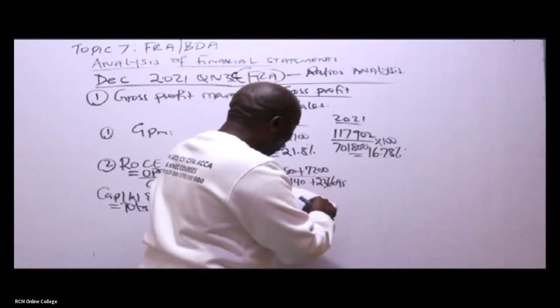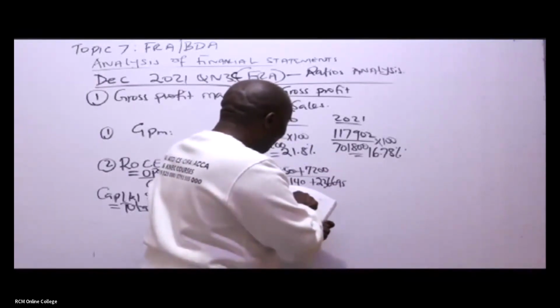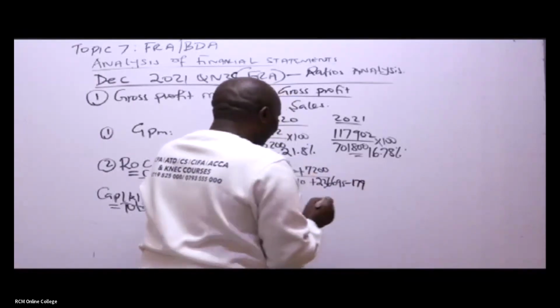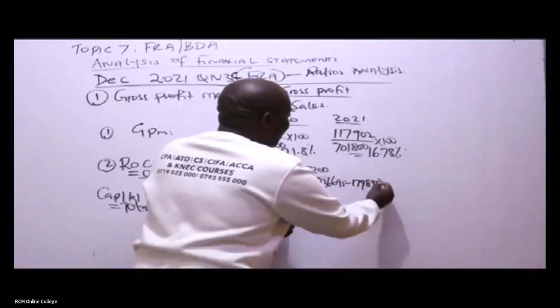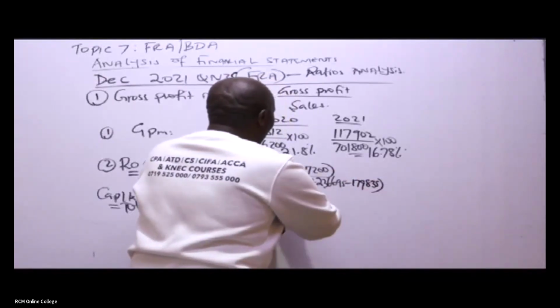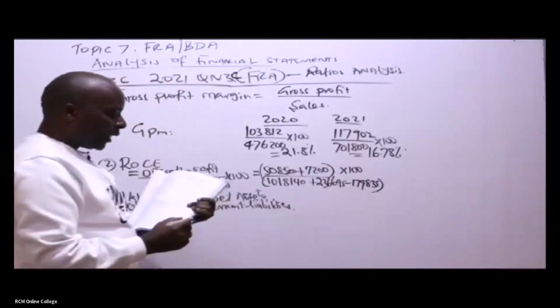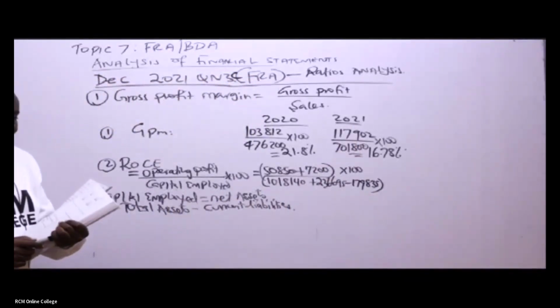Current liabilities for 2020: there are only two, trade payables and current tax payable, totaling 179,835. Whatever you get here, you multiply by 100. That gives me the percentage.